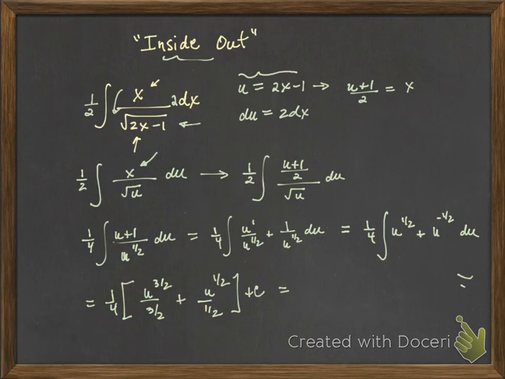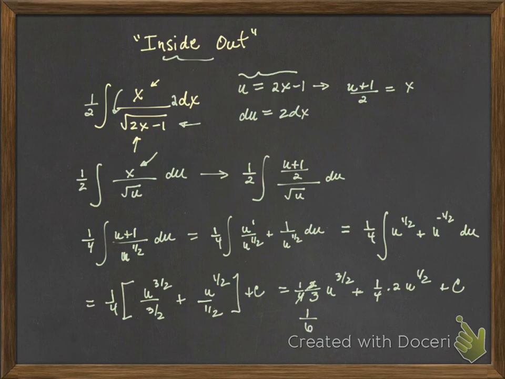So that's really 2/3 times a 1/4 u to the 3/2 plus a 1/4 times 2 u to the 1/2 plus c. All right, so that really is 1/6.